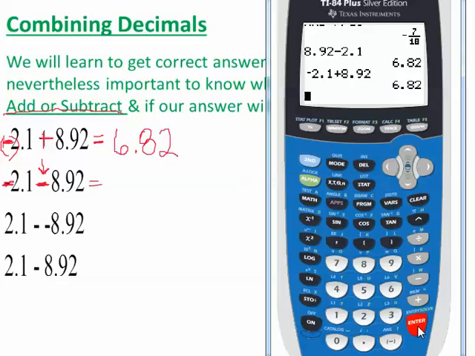If I have two negatives, I'm going to add and get a negative. So again, using my calculator and just saying, okay, I know 2.1 needs to be added to 8.92, I'm getting 11.02. So I owe a total of $11.02, and it is owing, so it's a negative 11.02.